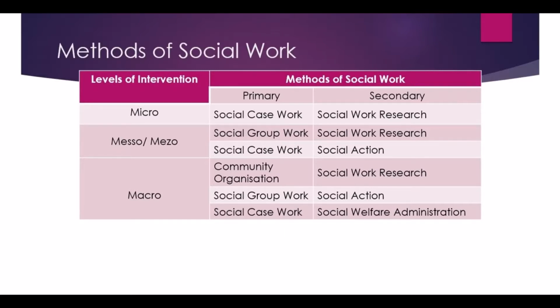Then at the meso level, you have got social group work, and here, the larger the magnitude, you can use the smaller level methods or interventions as well, which means at the meso level, when you're intervening with the group, you can even apply casework with any member of the group, and at the same time you are applying social group work.